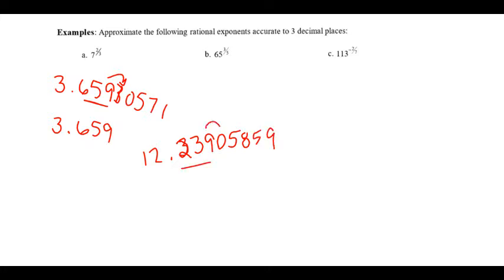There's a 9 there again, but that's a 0, so we'll leave it a 9. So I have 12.239, or 239 thousandths.